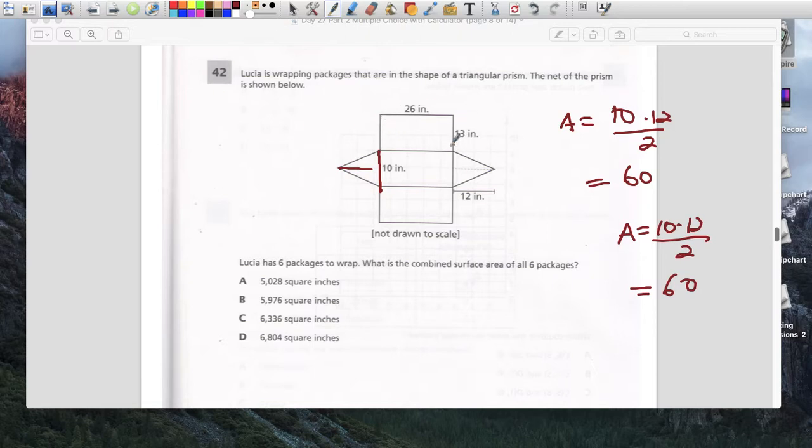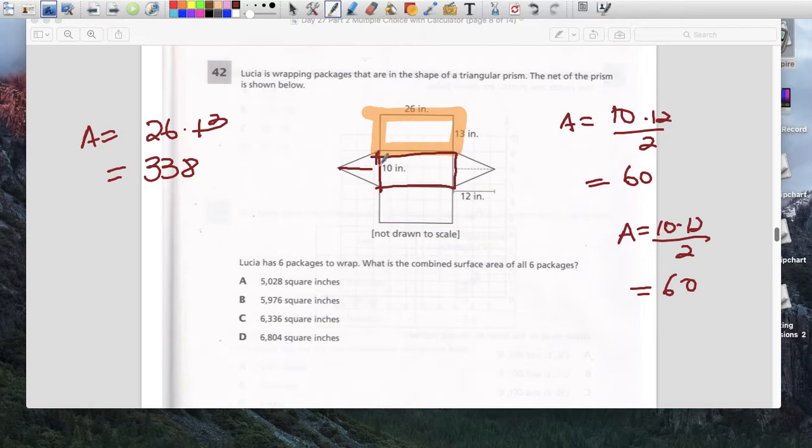This is a 26 by 13 area of that first rectangle, and I'm going to shade it. That's a 26 by 13. It's going to give us 338 inches squared. The rectangle in the middle, this one, is a 10 by 26. It's a little bit different.